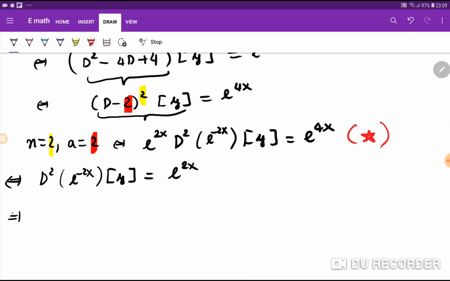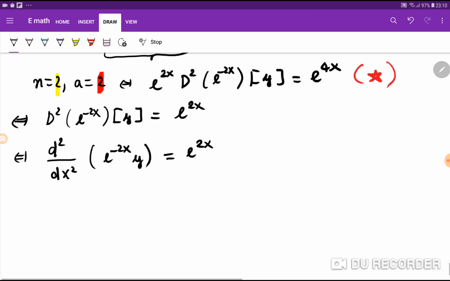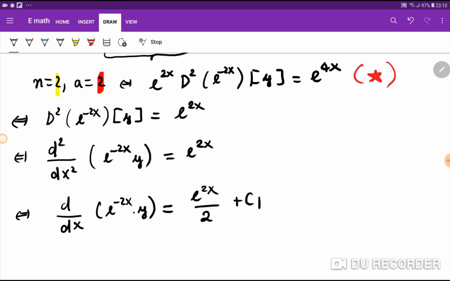And I'm gonna write normal form. Normal form means that d square means you take the derivative 2 times with respect to x of this function, equal to e to the power 2x. Now you're just gonna integrate. The first integration: the left hand side is d e to the power 2x y dx, you agree with me? The right hand side is e to the power 2x over 2 plus c1.